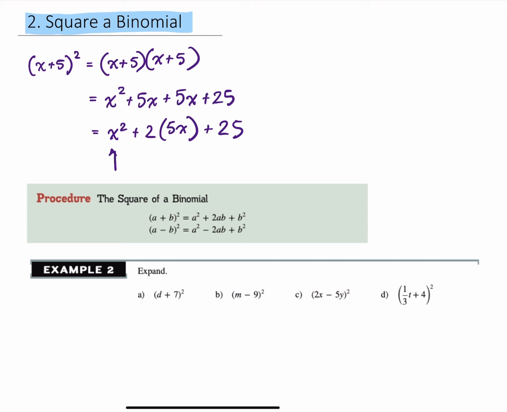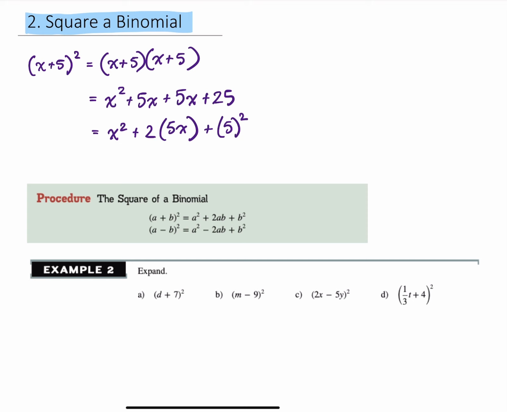So our first term squared plus 2 times the multiplication of our two terms. We have 5 and x. When they multiply, we got 5x. So yeah, we produced this double middle term. So we have two of those. And then the last term is our b term squared. So I can even write this instead of 25 as 5 squared.